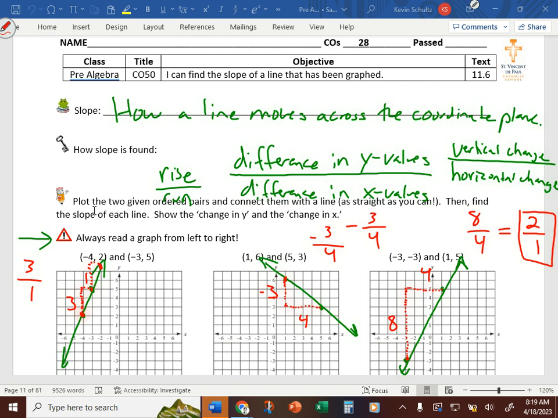Okay? And check this out. If I use that slope of going up 2 over 1, watch what happens. Up 2 over 1, back on the line. Up 2 over 1, back on the line. Right? Isn't that neat? Okay?